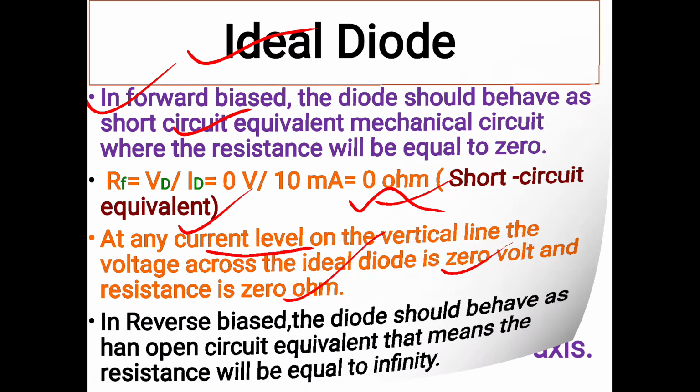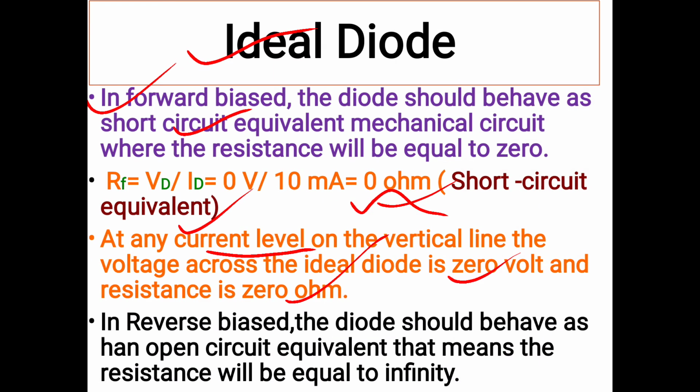Now we are going to study the reverse bias diode in case of the ideal diode. The diode should behave as an open circuit equivalent.